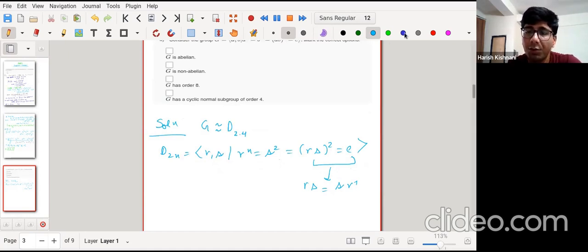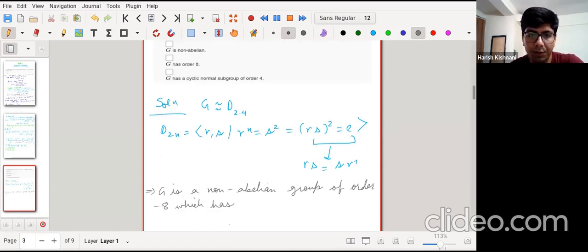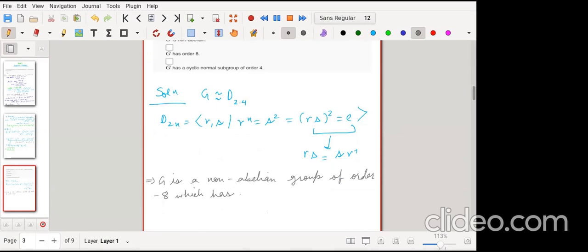So now you can answer the rest of the question. As it is isomorphic to D4, G is a non-abelian group of order 8, which has a cyclic normal subgroup of order 4, which is thus the group generated by its rotations.